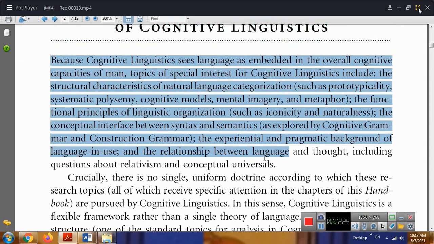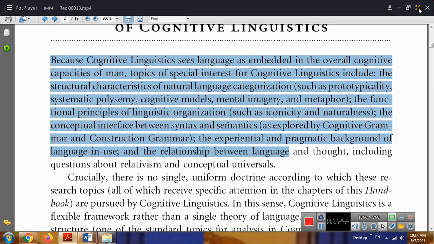Because cognitive linguistics sees language as embedded in the overall cognitive capacity of man, topics of special interest for cognitive linguistics include the structural characteristics of natural language categorization, such as prototypicality, systematic polysemy, cognitive models, mental imagery, and metaphor.